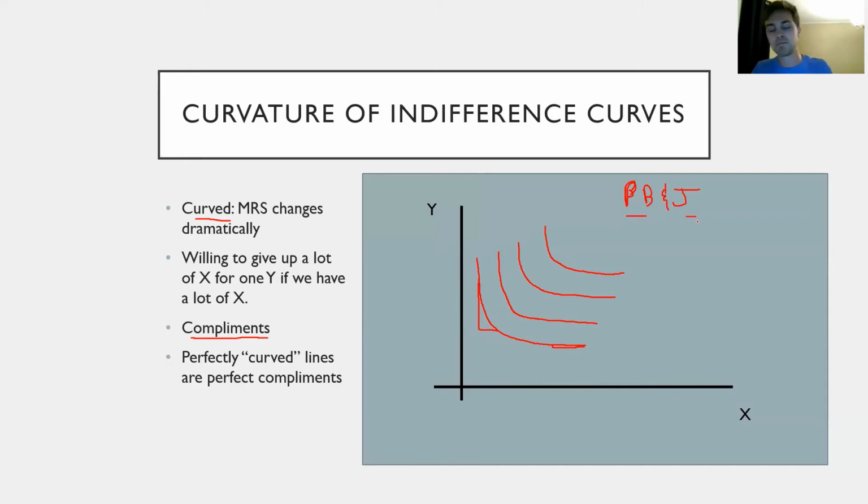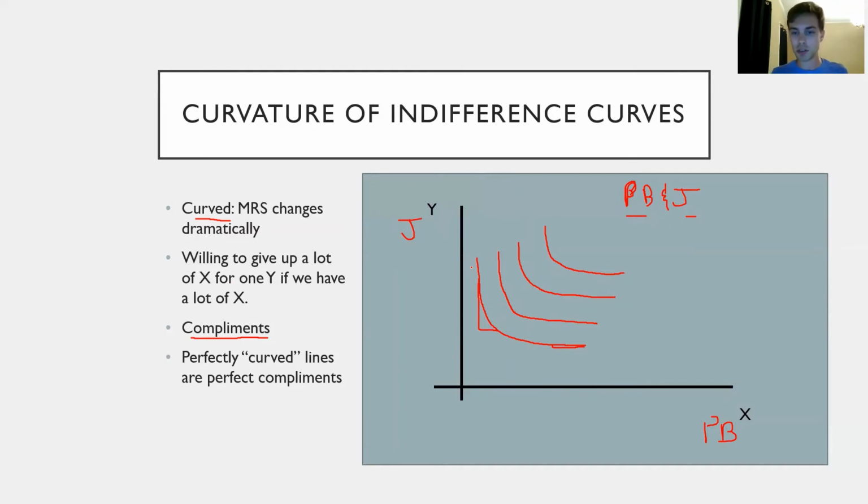If all you have is a bunch of peanut butter and you don't have any jelly, you can't make peanut butter and jelly sandwiches. And of course, if you only have jelly and no peanut butter, you can't really make peanut butter and jelly sandwiches. Of course, peanut butter on its own can be used for other things, as can jelly, but our utility is greater if we can use them together because they are complements.